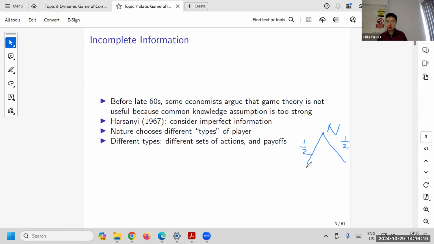Say firm 2 is a high cost type or low cost type, and then he can decide how much to produce. And firm 1 has to decide what to do, maybe produce high or low. But the problem is firm 1 doesn't know where he is.